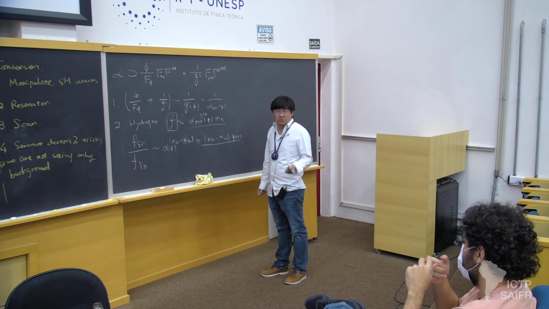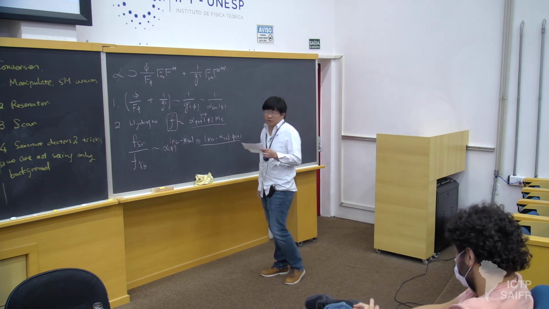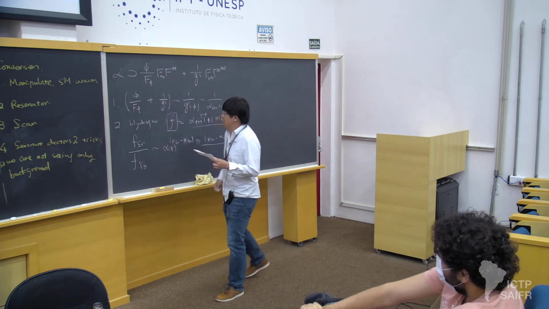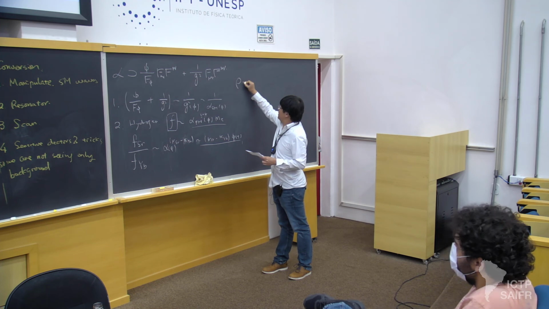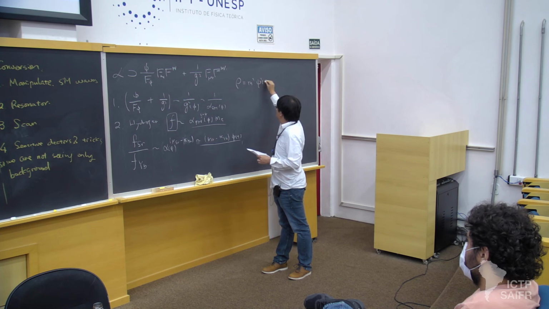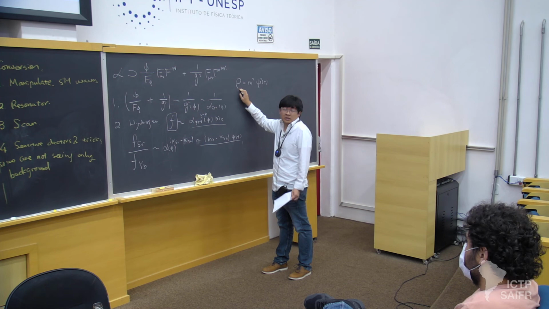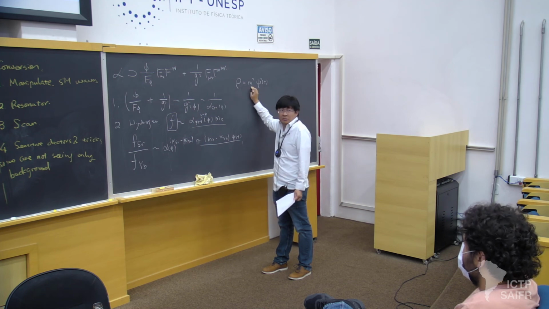And number 3 and number 4 are just some mathematics you can do to figure out how big is the amplitude of phi, right? The one thing you need to remember is the density of the scalar field is the mass squared, or the frequency squared, times the amplitude squared. So from the density of dark matter and the mass of the particle, you can know what is the amplitude of phi.